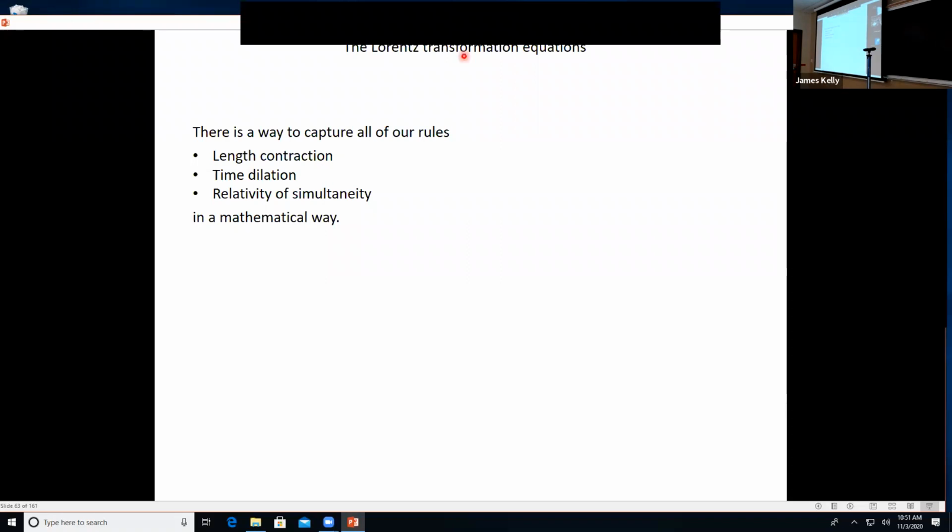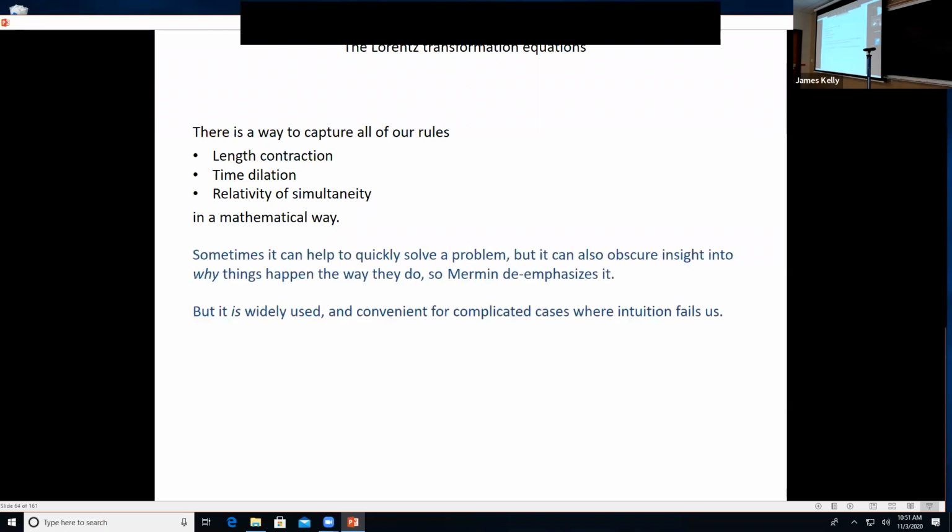There's a way to capture all of these rules, the length contraction, time dilation, relativity of simultaneity, and more, in a mathematical way that puts them all together in a neat package. And it allows us to do a lot more than we can with those. As Mermin emphasizes very strongly, these can help to quickly solve a problem, but they can also obscure, because you have this nice piece of machinery that you just plug things into and it generates answers.